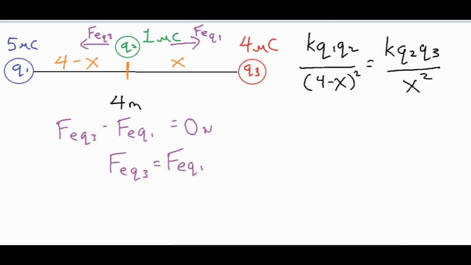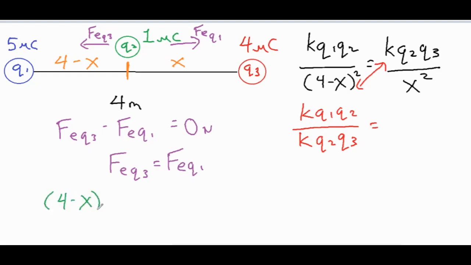So let's move some stuff around before we put in our number values. Let's do a little bit of cross multiplying, because I can see that some values are going to cancel out. Then we'll have k Q1 Q2 divided by k Q2 Q3. And on this side, we have 4 minus x squared. Let's use FOIL for that, 4 minus x times 4 minus x.